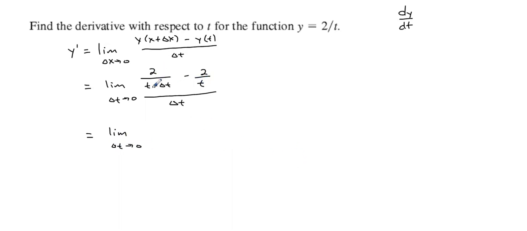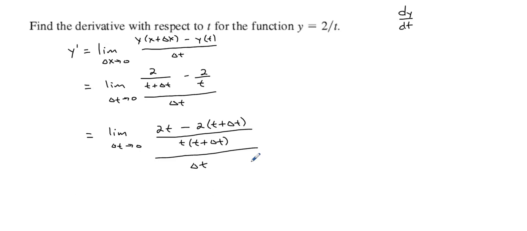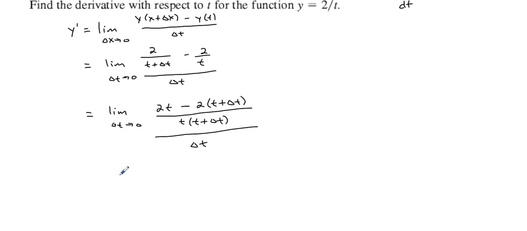All right, this fraction needs t over t, so we have 2t, minus this fraction needs t plus delta t. And our common denominator is the product of t times t plus delta t, all over delta t. After you find a common denominator, it's going to be expand and combine.